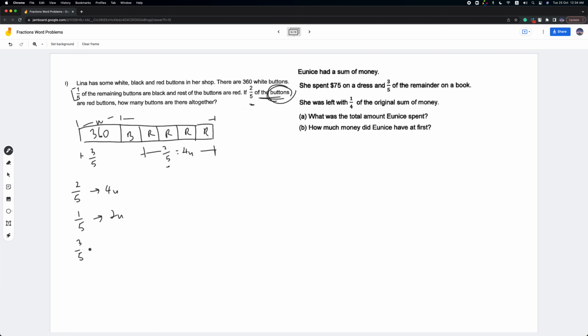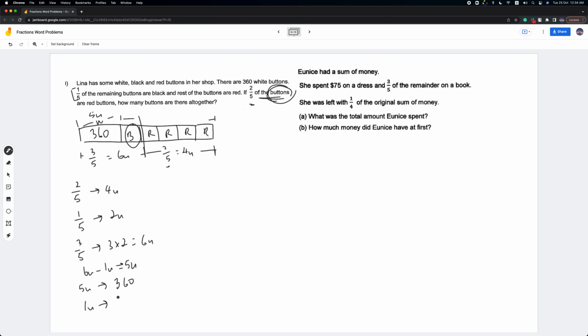So 3/5 simply means 3 times 2 equals 6 units. So this side has to be 6 units. And we already have 1 unit here. So 6 units minus 1 unit gives us 5 units. That means this 360, this is 5 units. So 5 units is 360.